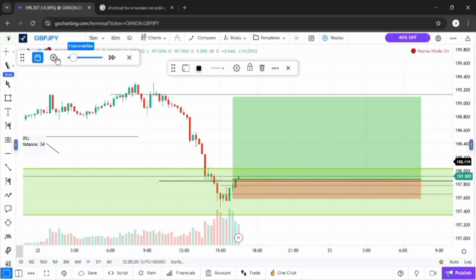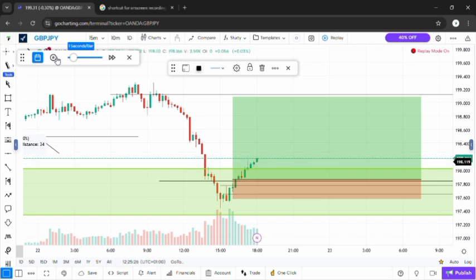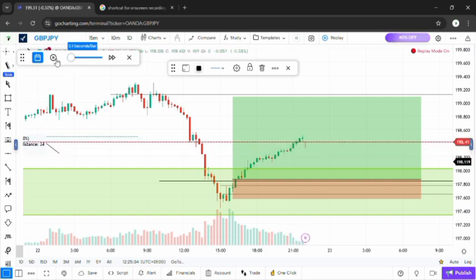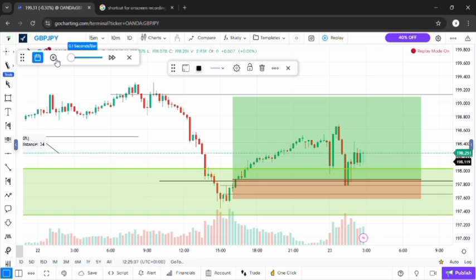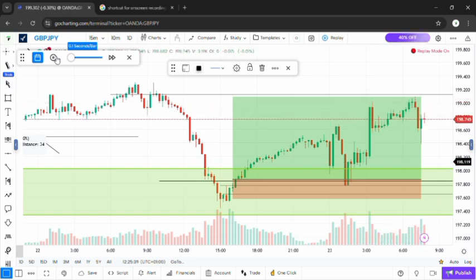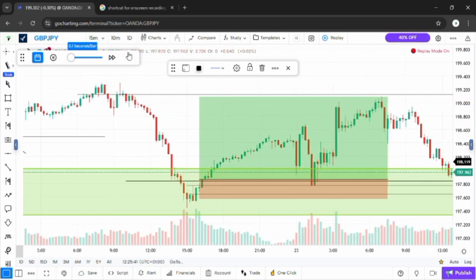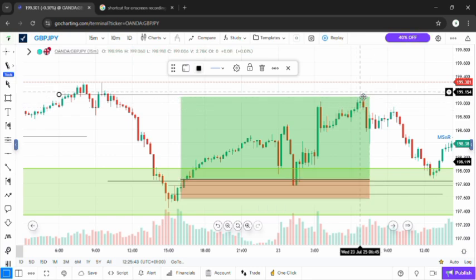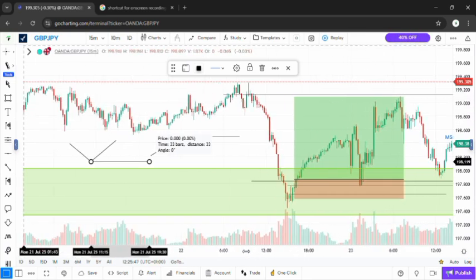Observe. And I was able to hit TP right here. So this is a very simple concept I use for my entry.